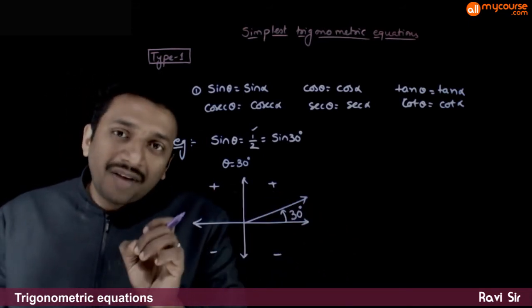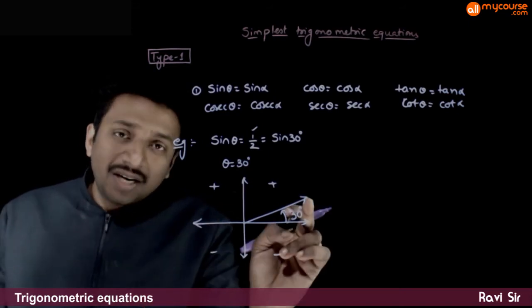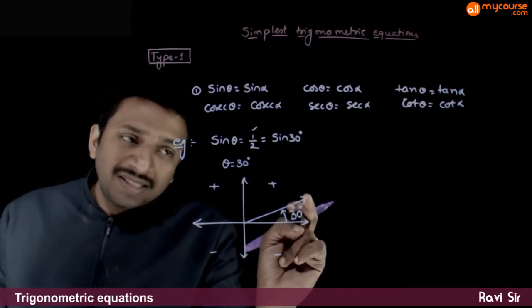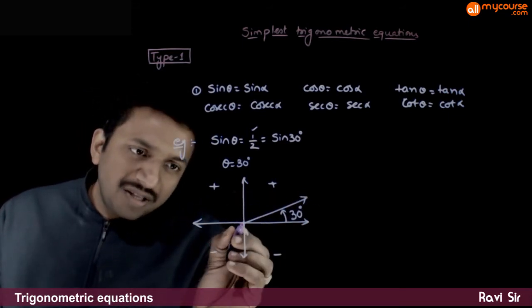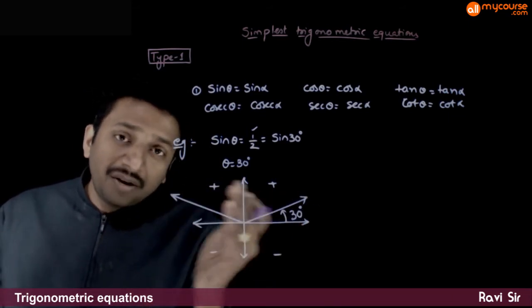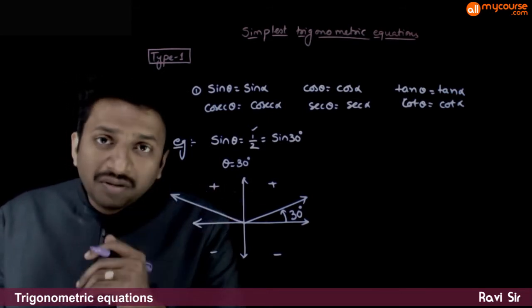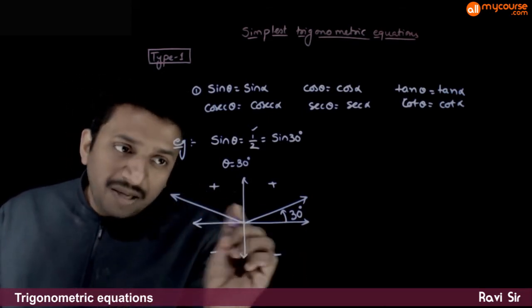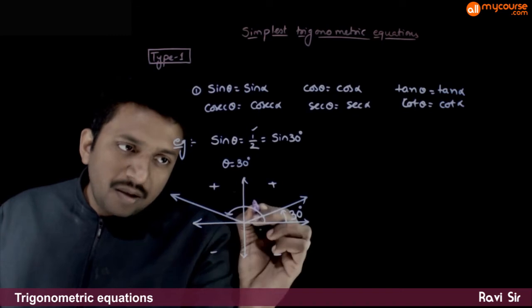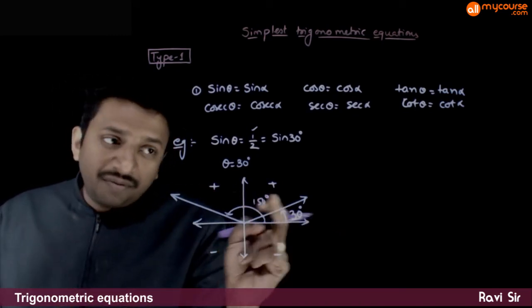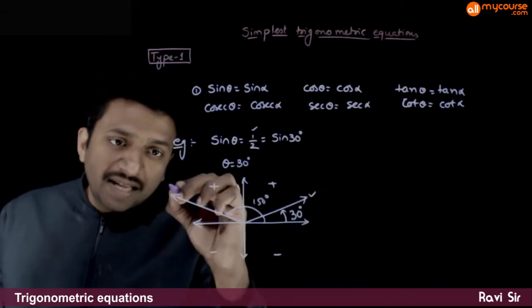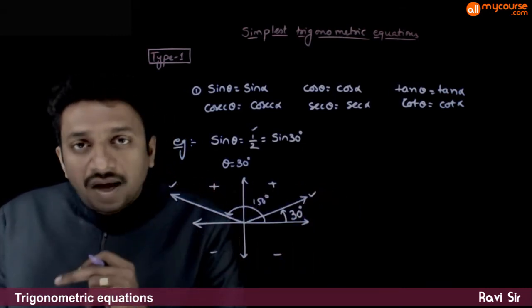Now from the concept of allied positions, if the sine for this position is equal to half, the sine for the mirror image position, the allied position, is also equal to half. If this is 30, this is 30, that means this angle is 150 degrees. So for 30 degrees as well as 150 degrees, sine will be equal to half.